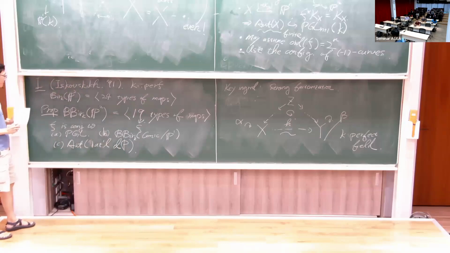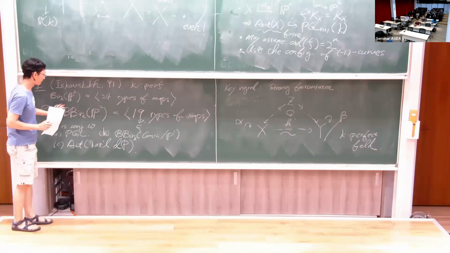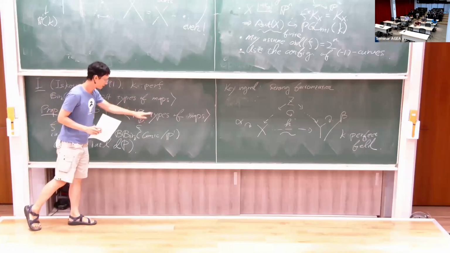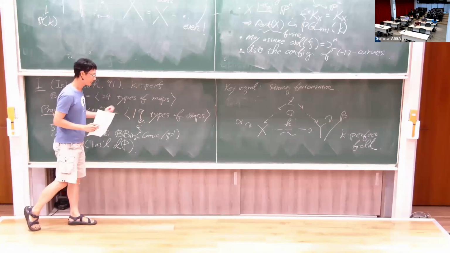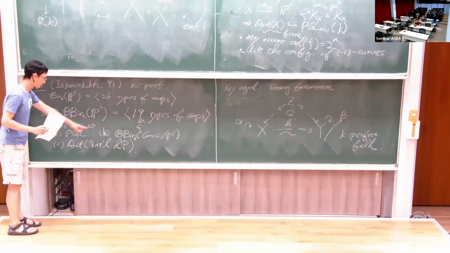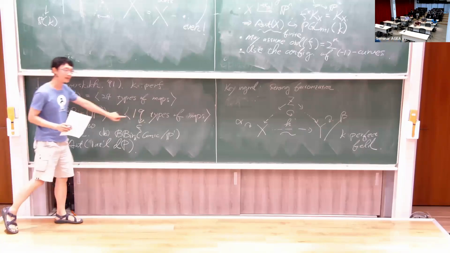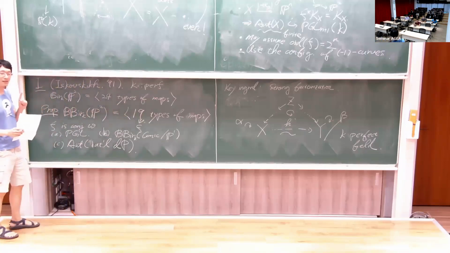And moreover, we can write every element here as a composition of this kind of maps, and each of them is conjugate to one of this kind of thing. Together with the birational invariance of parity, this proves that everything here is even. Yes, so this is the rough idea of the proof, but as you can see, I have a picture there.